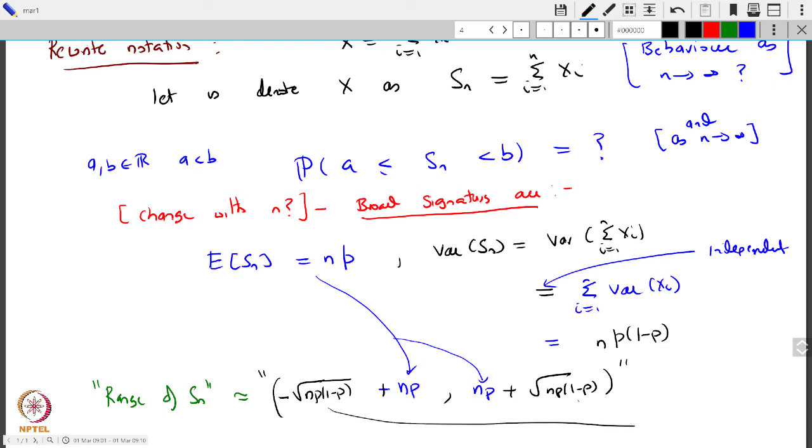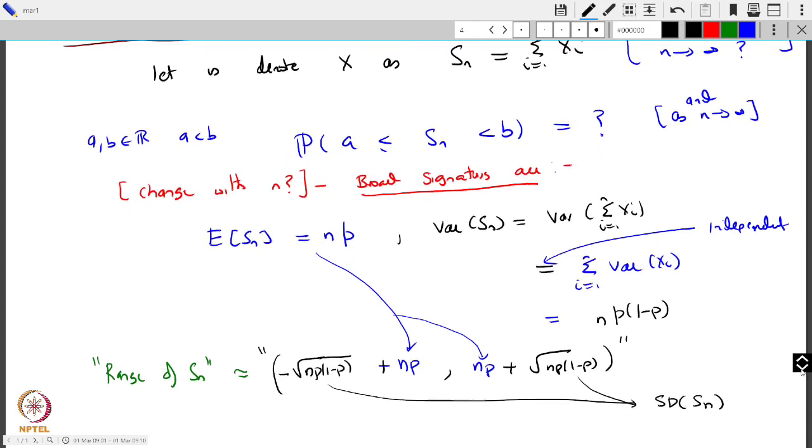This is like the standard deviation. So that's what you think Sn is going to be around. So A and B, if you want this probability to be large, A and B better be of this order. If A is of the order of the left hand side of the interval and B is the right hand side, then you would have large probability. That's what we think.